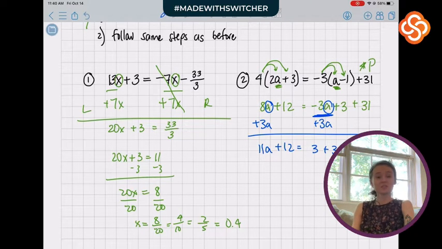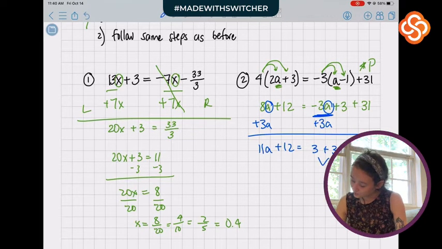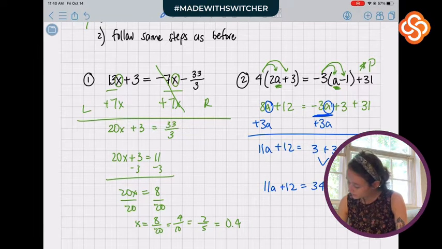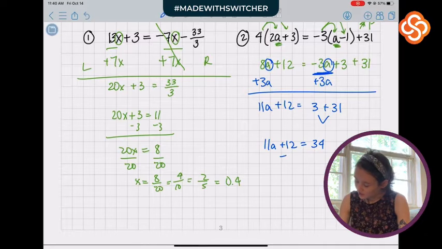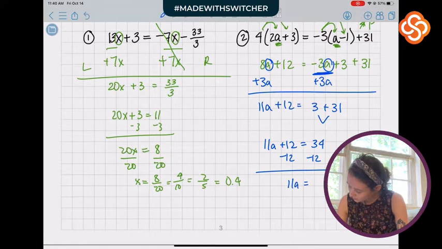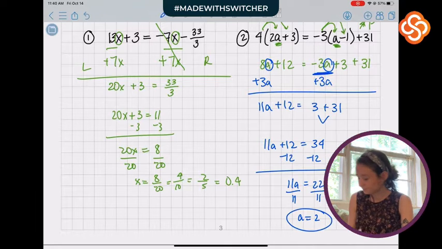Cool. 3 plus 31, combine those. 11a plus 12 is equal to 34. Simple equation at this point. 11a is equal to 22 divided by 11. a is equal to 2.